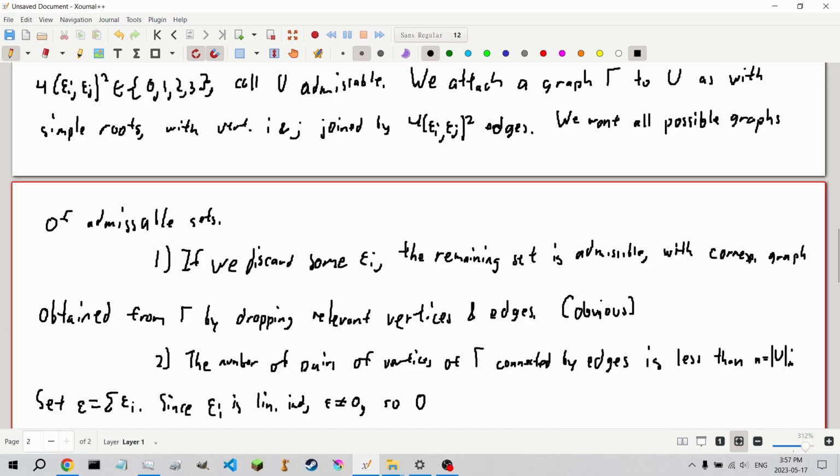So we have that the pair of epsilon with itself is positive, is n plus 2 times the sum over i less than j of (epsilon_i, epsilon_j).